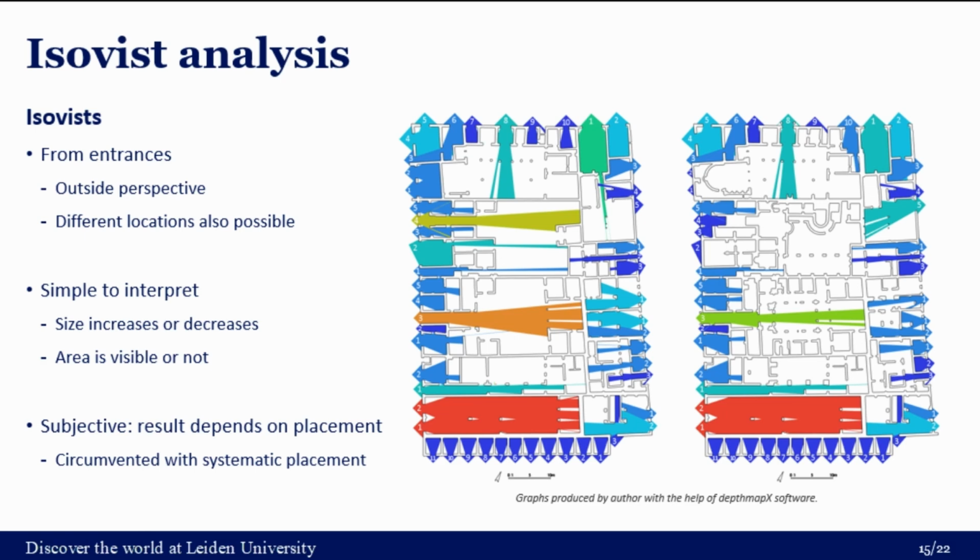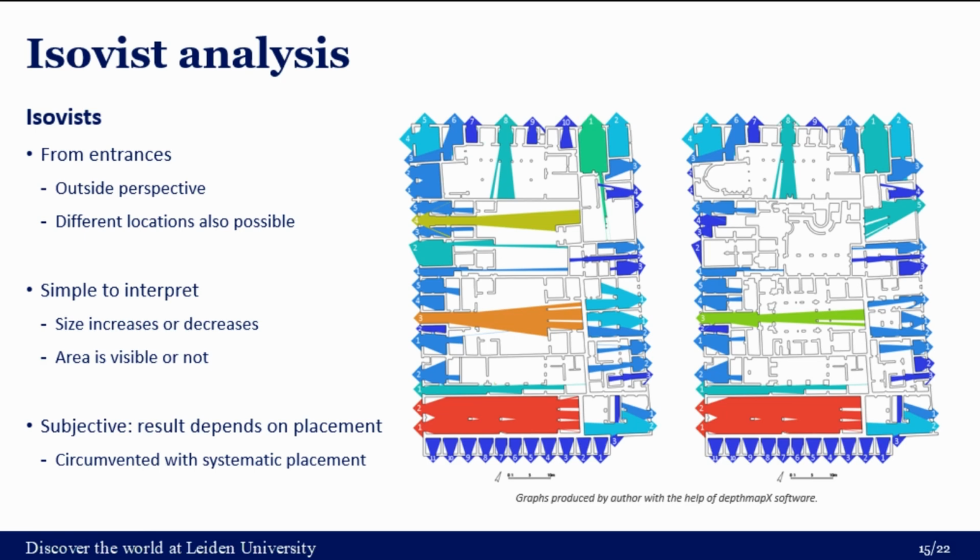In this case, I systematically created an isovist from every single entrance to give us an outside perspective. But you can do it from any location you want. The advantage is this method is very easy to interpret. This is the result. All you have to check is, does the size of the isovist increase between one phase or another?